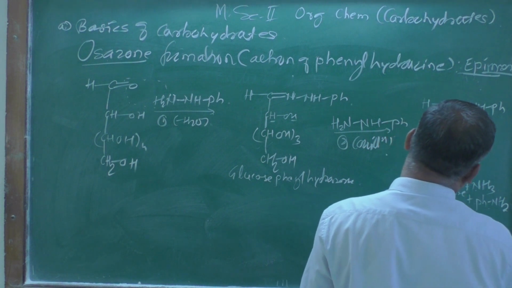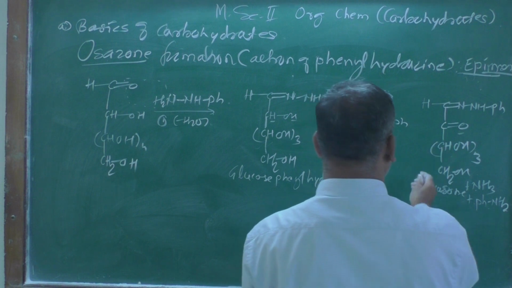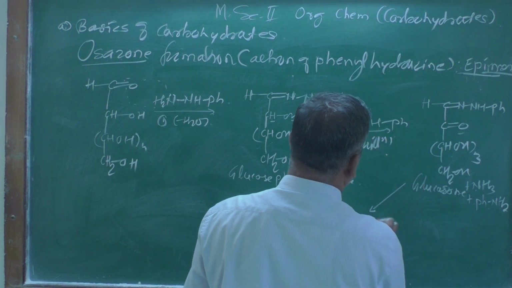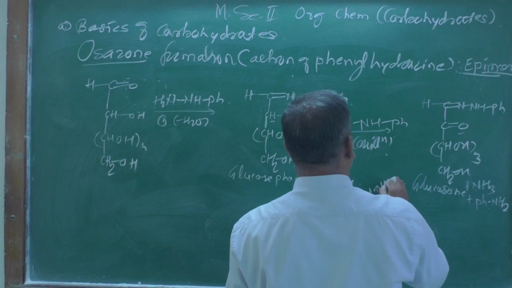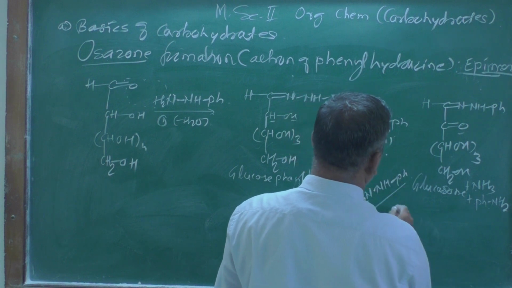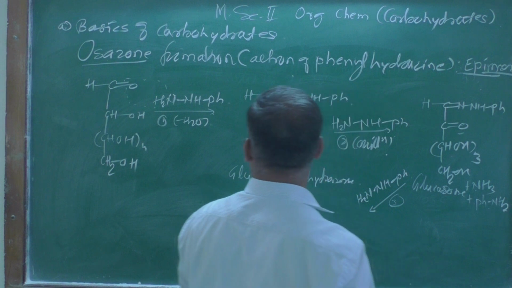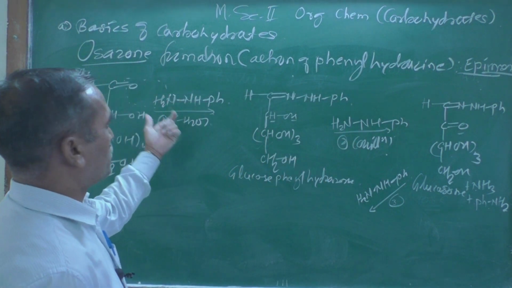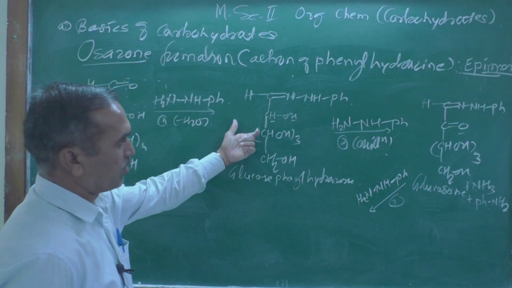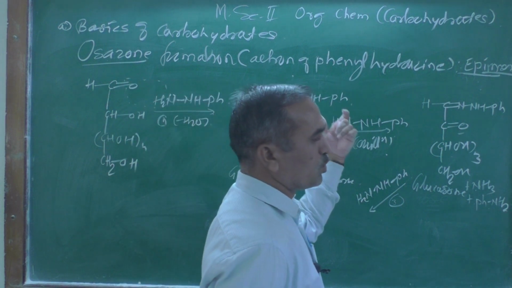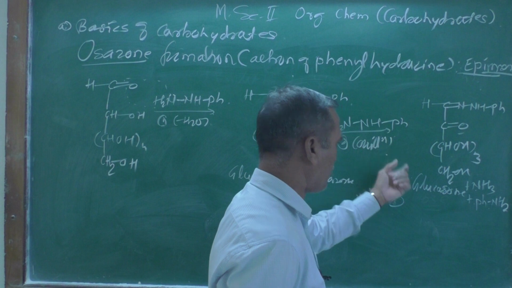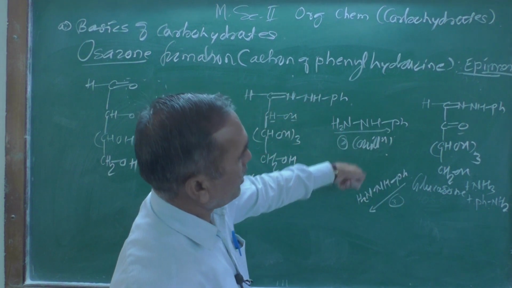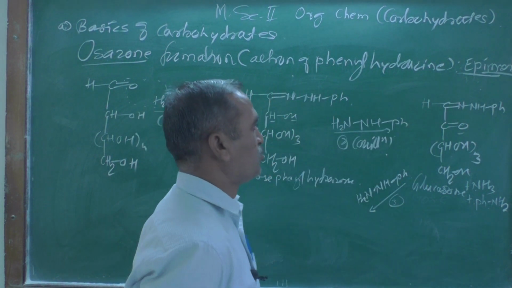This product is further treated with phenylhydrazine, H2N NH Ph, the third molecule. Look here: one molecule forms a hydrazone derivative, the second molecule is used to oxidize the secondary alcohol into a carbonyl group, and the third one is used again here.